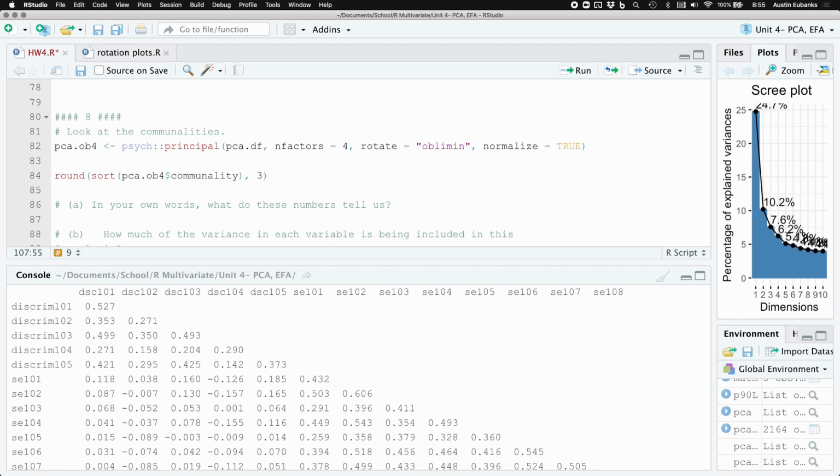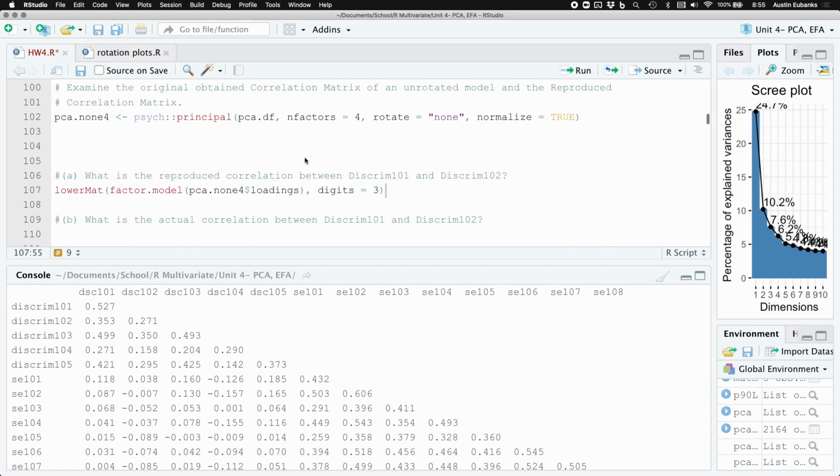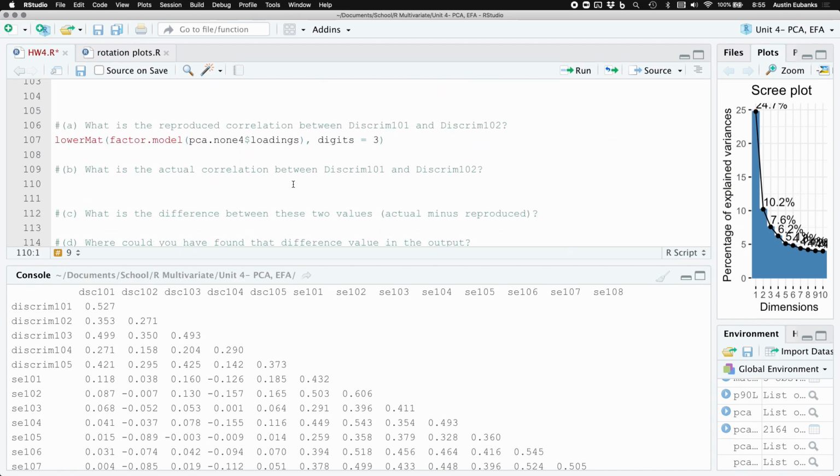The other thing that we're going to look at now is what it means to explain variance in variables based on extracted components. We're going to be comparing the original correlation matrix, which shows you the associations between the different variables.